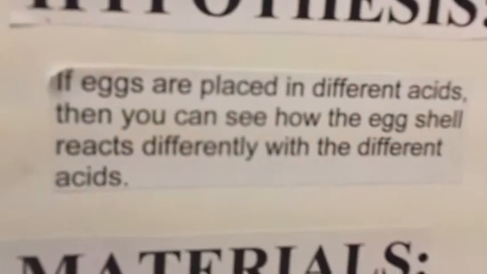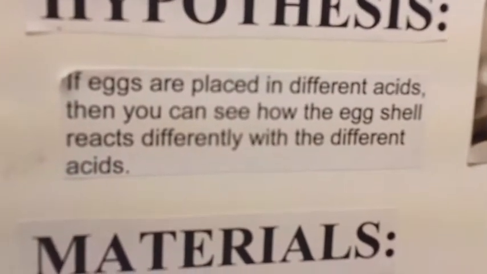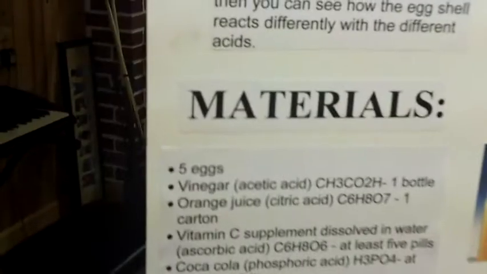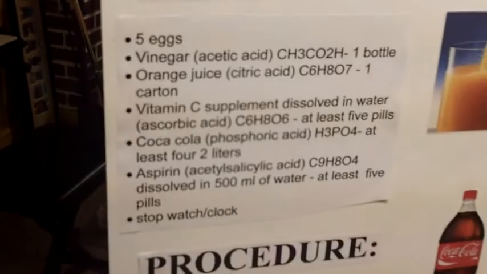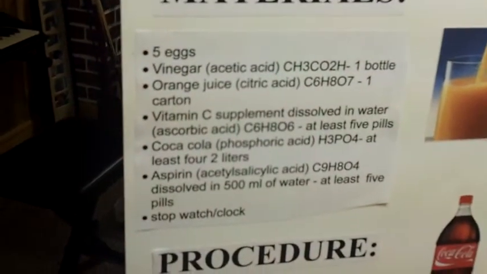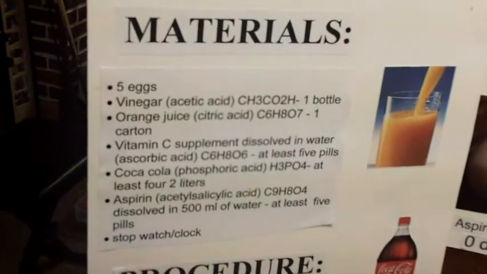Our hypothesis was, if eggs are placed in different acids, then you can see how the eggshell reacts differently with the different acids. Our materials were, as I said earlier, vinegar, orange juice, vitamin C, aspirin, and Coca-Cola. We also used a clock to time the amount of days, and of course 5 eggs to do the experiment with.